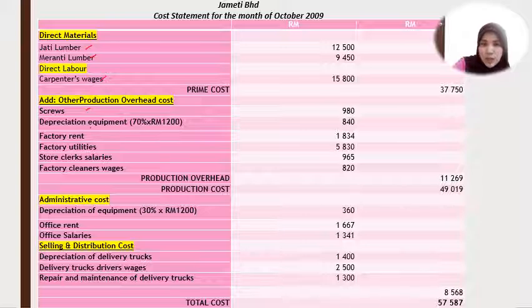Production overhead plus prime cost gives 49,119, which is the production cost. Then add the administrative cost for depreciation of equipment, which is 30%, office rent and office salary, and all the selling and distribution cost. From that you can find the value of total cost. So this one is a cost statement.